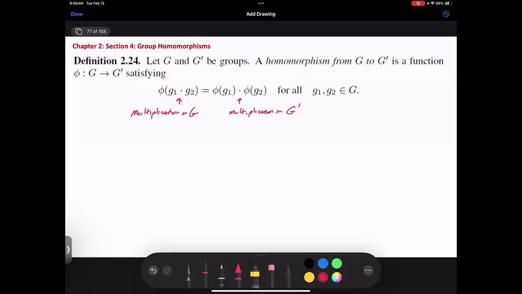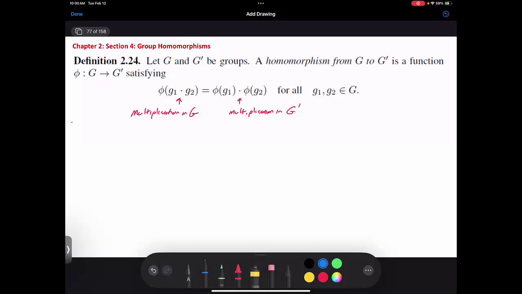Can somebody give me a good choice for G1? What could we take G1 to be? There are two natural choices for G1. So when you think of the group G, can you give me a good element from G? The identity.